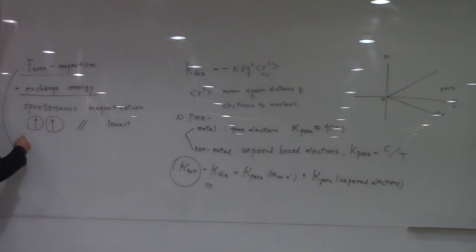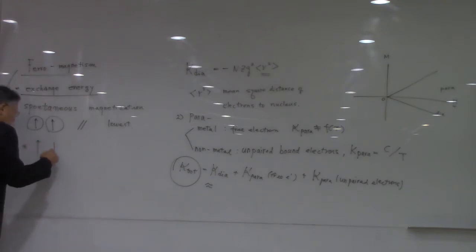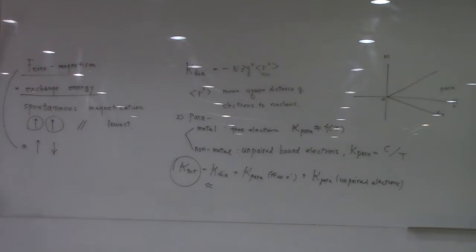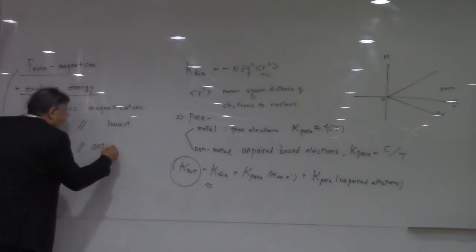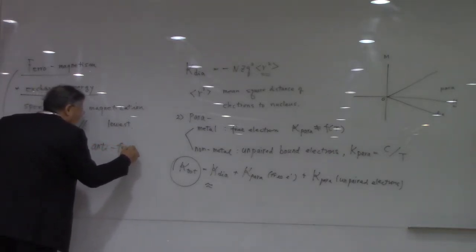But if this exchange energy is lowest when the nearest neighbors are anti-parallel, then we have what is called anti-ferromagnetic materials.